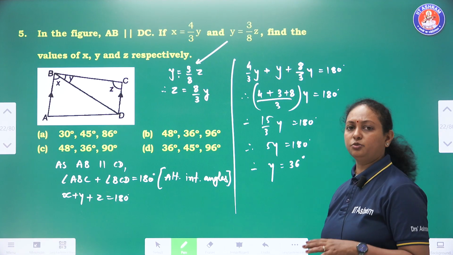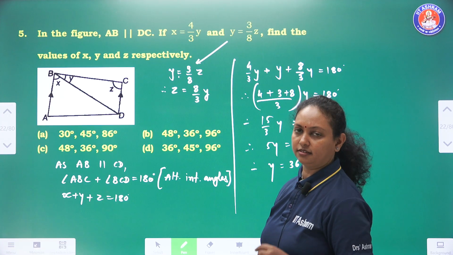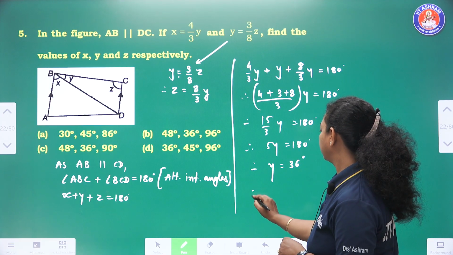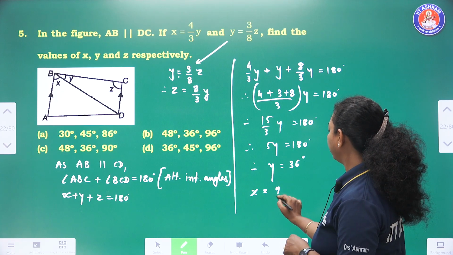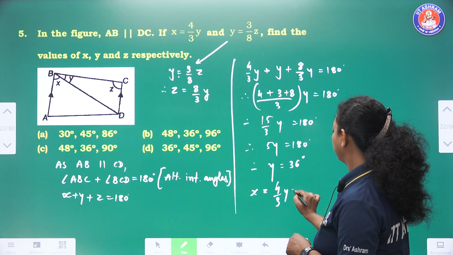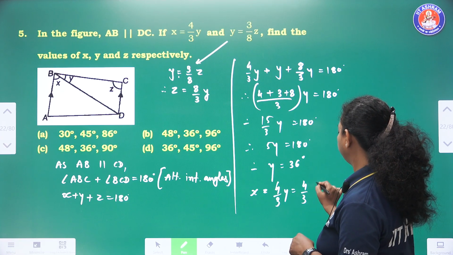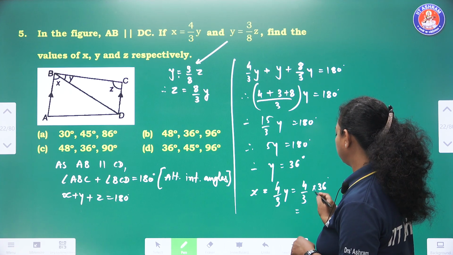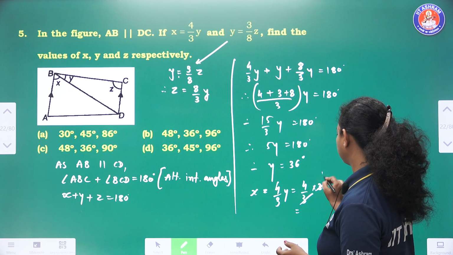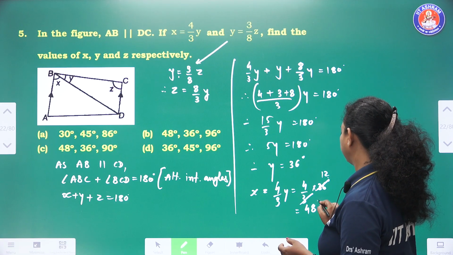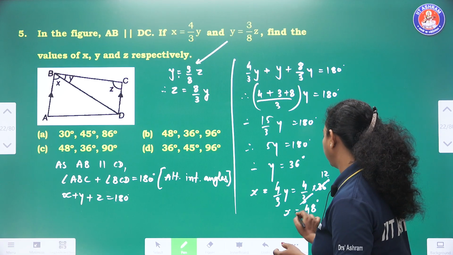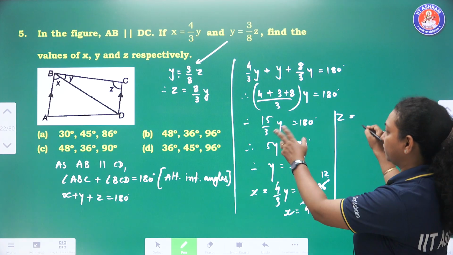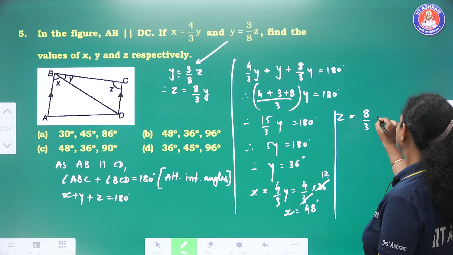So once we get the value of y, it's easy to find the value of x and z. X is 4 by 3 of y. So it is 4 by 3 of 36 degree. 36 divided by 3 is 12, times 4 is 48 degree. So x is equal to 48. And z is equal to what? Z is equal to 8 by 3 of y.